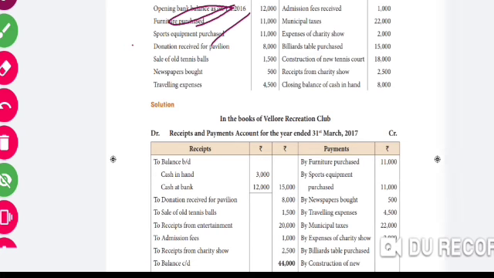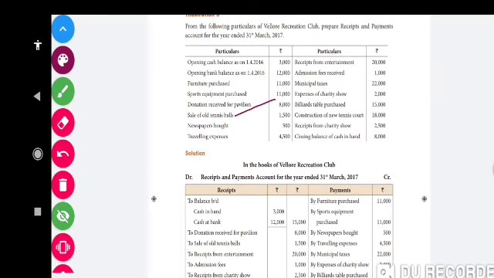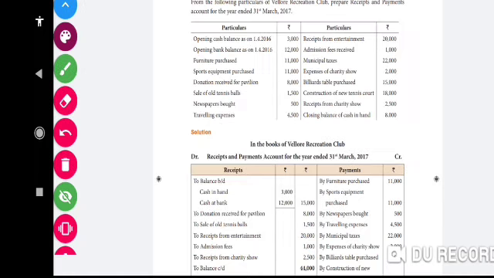Next one, donation received for pavilion is a receipt side. Sorry, sale of old tennis ball is a receipt side. Newspaper bills, payment side. Traveling expenses is a payment side. Receipt from entertainment is a receipt side. Admission fees received is a receipt side. Municipal tax is a payment side.